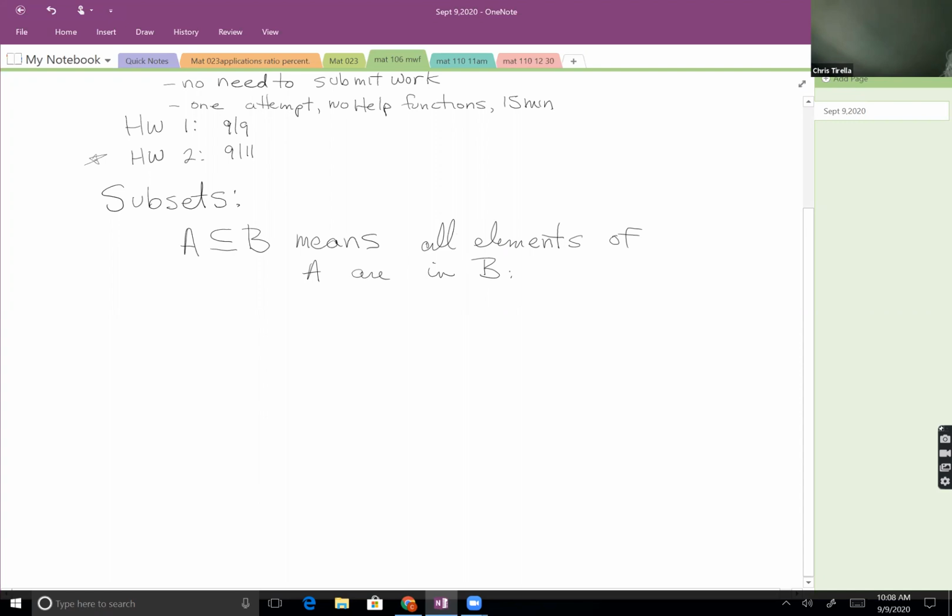Today we're going to expand that a little bit and look at one particular type of subset, which is a proper subset.